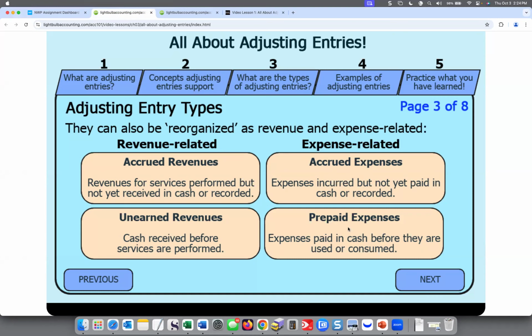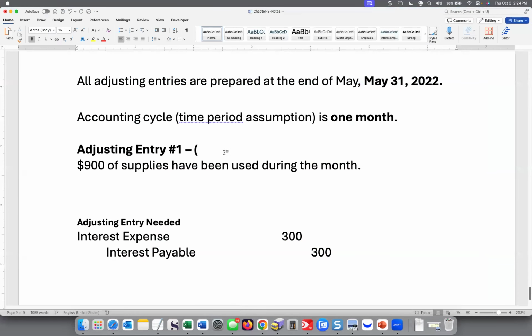A prepaid expense is where something was originally booked as an asset, and now we're charging it to expense with use of that asset. So which one does this more closely resemble? It's a prepaid expense. You got it. Yep. Because the supplies were bought up front, and now we are noting that some of them have been used. All right. So that's a prepaid expense type of an adjusting entry.